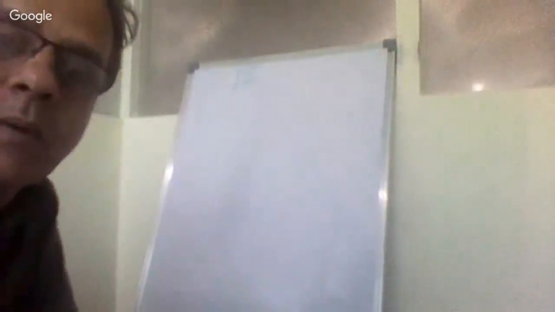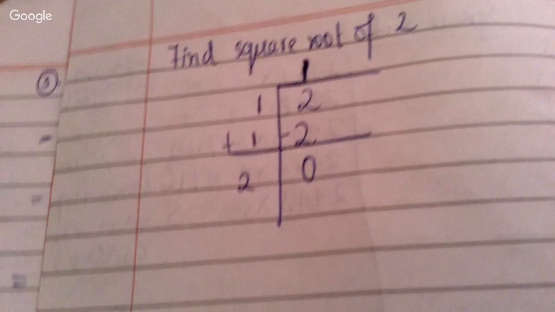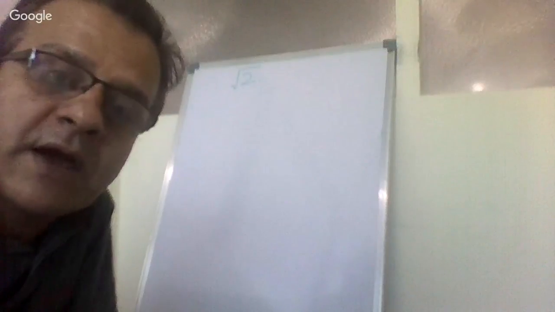So here I'm getting like this 0. How much did you get for the square root of 2? Sorry, I couldn't hear. Sir, I'm showing the book.